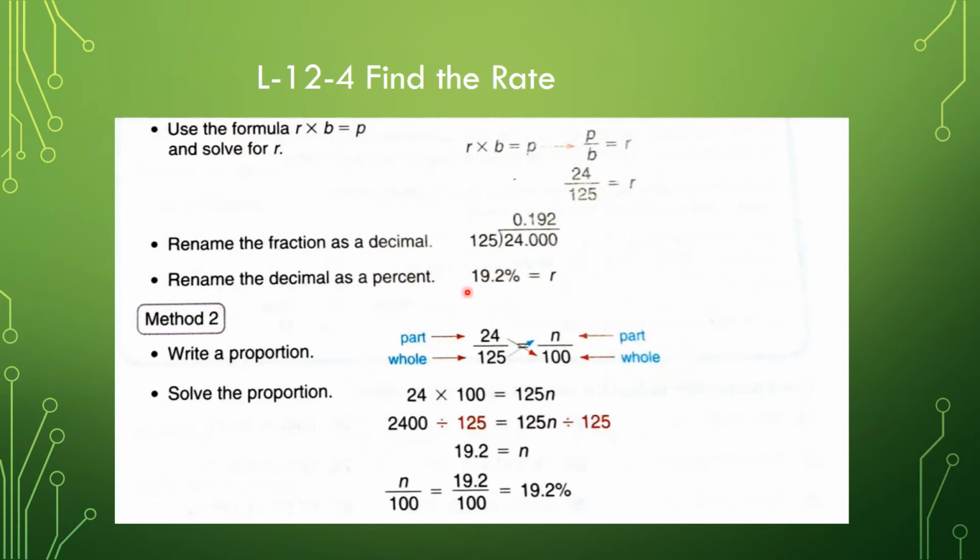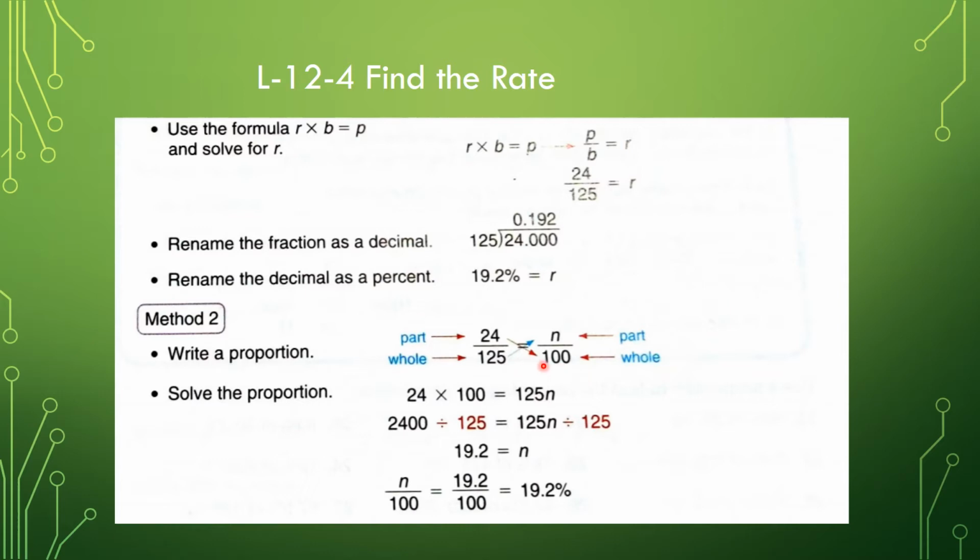What is the rate, or what is the percent? It is 19.2%. The same question with a different method is called the proportion method. In this one, part and whole are given, 24 out of 125, and the part is n by 100.